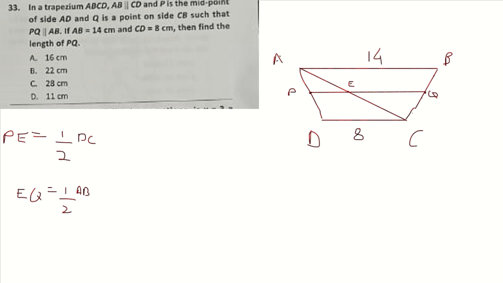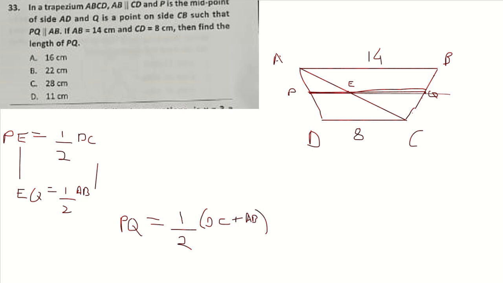Now PE plus EQ is PQ. So when we add up these two, and these two, the result will also be equal. So PQ is equal to half DC plus half AB. We take half common, half of DC plus AB.